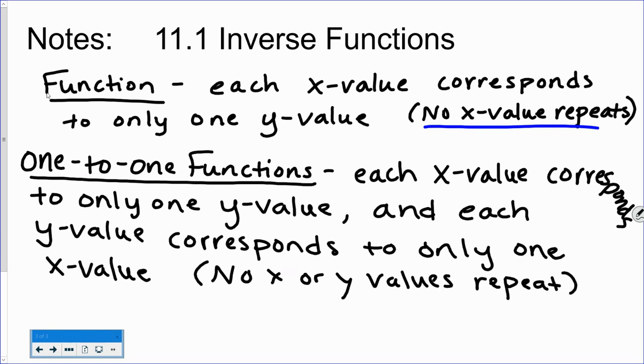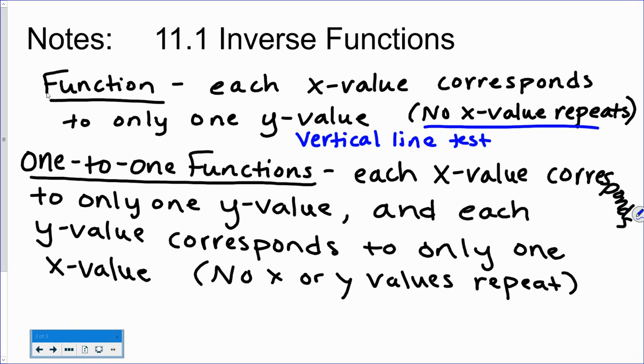All right, and that's the part that will be new for some of you, depending on if you just came out of Algebra 2 or if you've taken a higher level math course than that. We talk about things like the vertical line test. You would use the vertical line test for a function. If a vertical line goes through more than one point, then it would not be a function because you have a repeating x value.